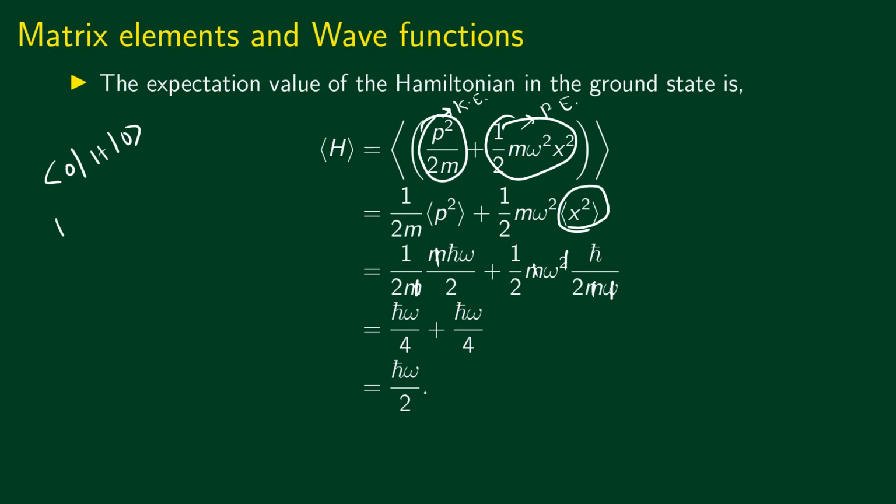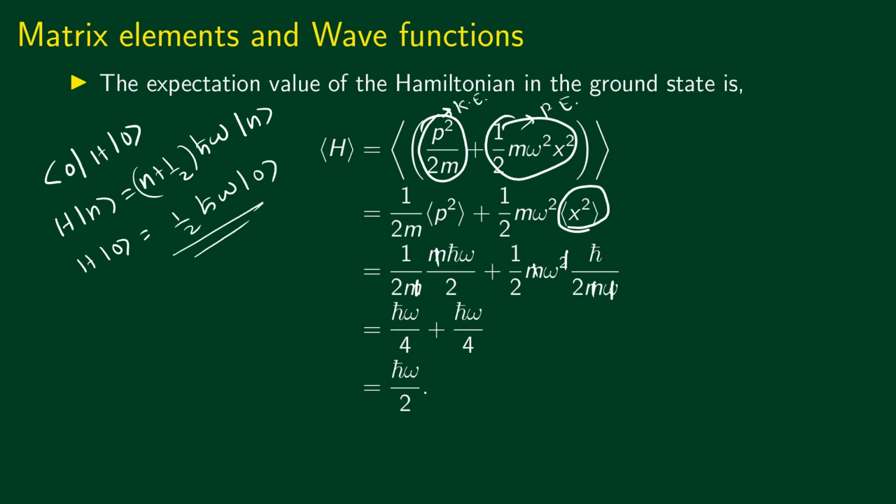Here we can use the eigenvalue equation H acting on ket n is equal to (n plus half) ħω multiplying ket n, which means that H acting on ket 0 is equal to half ħω multiplying ket 0. We can substitute this in here and the expectation value of the Hamiltonian would become bra 0 half ħω ket 0. Okay, and the half ħω can be pulled out. Bra 0 ket 0 is 1 because these are the normalized eigenkets of the Hamiltonian. So you simply get half ħω, which is the same as this.